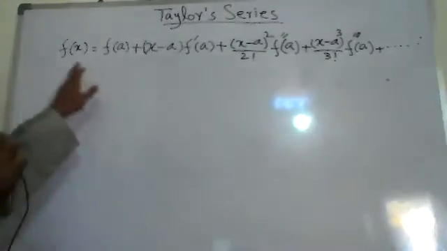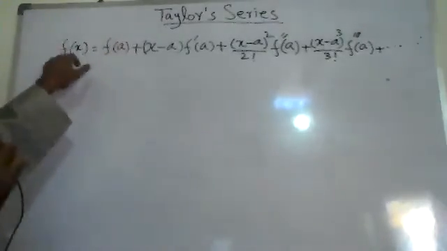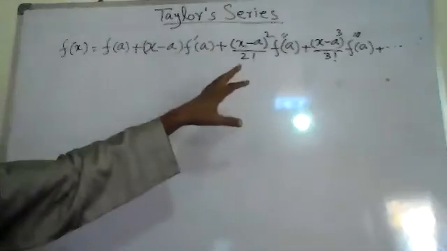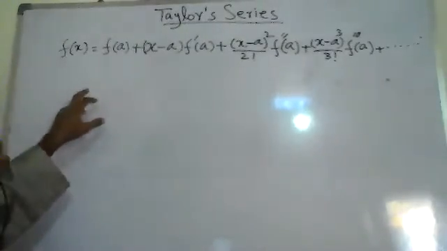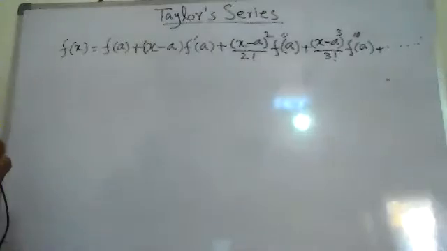Taylor series is an infinite series. But if it is given up to particular terms, up to the third order, fourth order, fifth order, it will be called Taylor's polynomial.